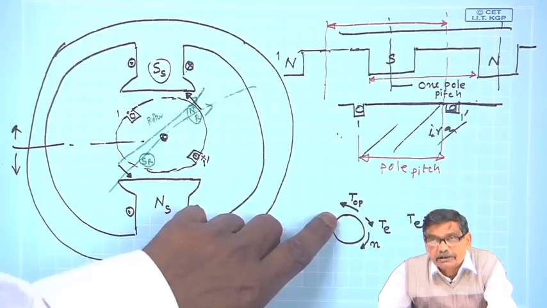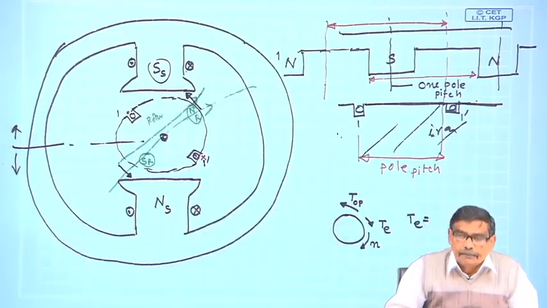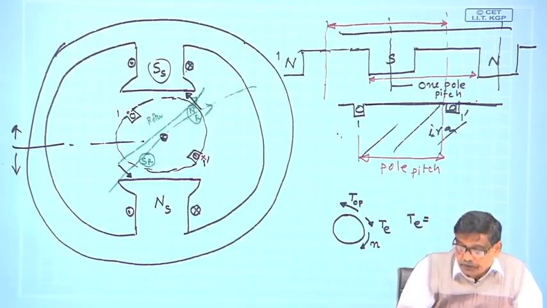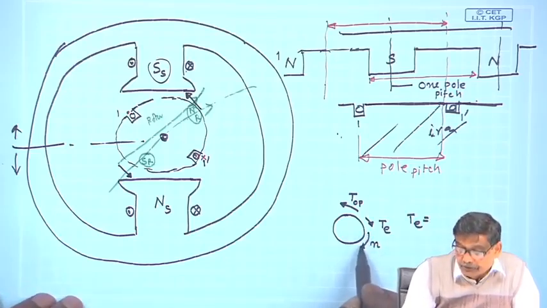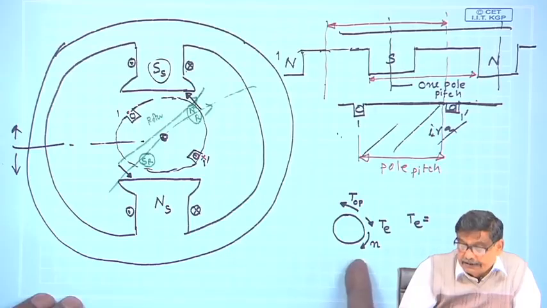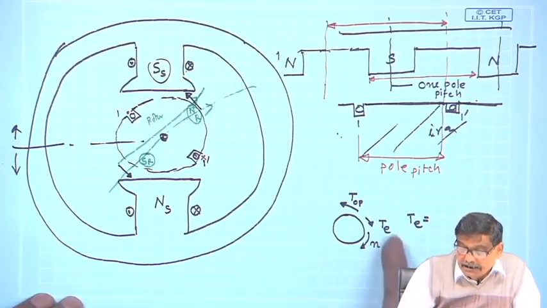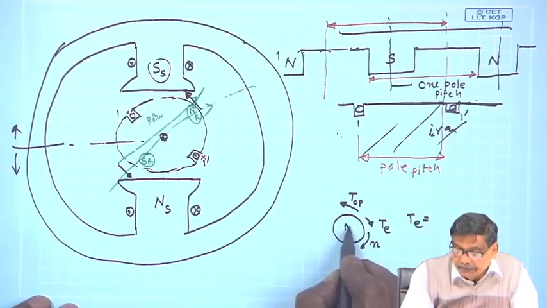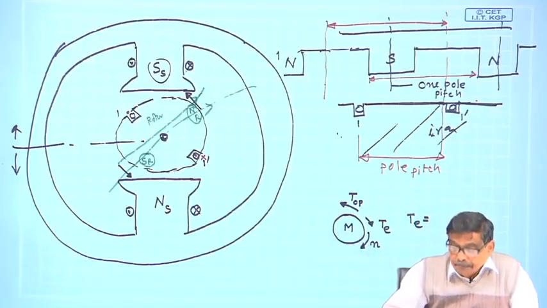What is T opposition? It is existing in the system, or maybe you are doing some mechanical work, suppose the motor is running a pump, things like that, an opposing force against which you have to turn the motor. The direction of rotation is set by T, the direction of T will decide in which direction the motor is going to run.